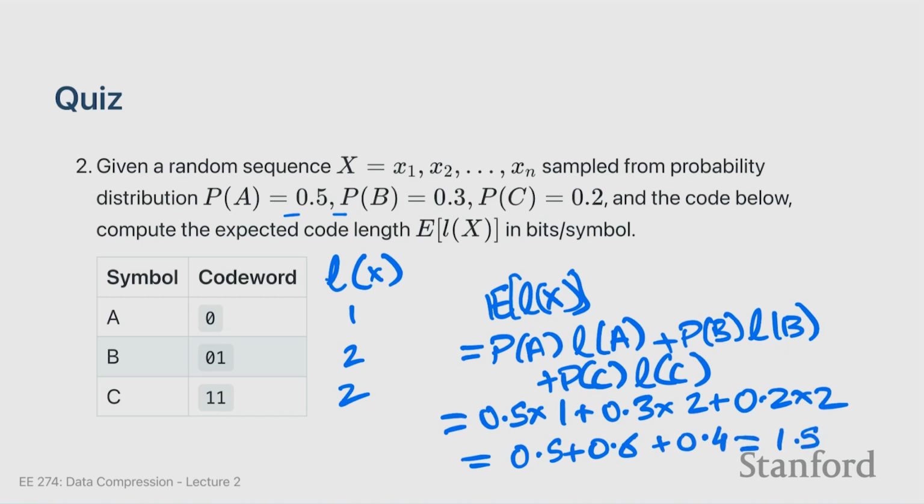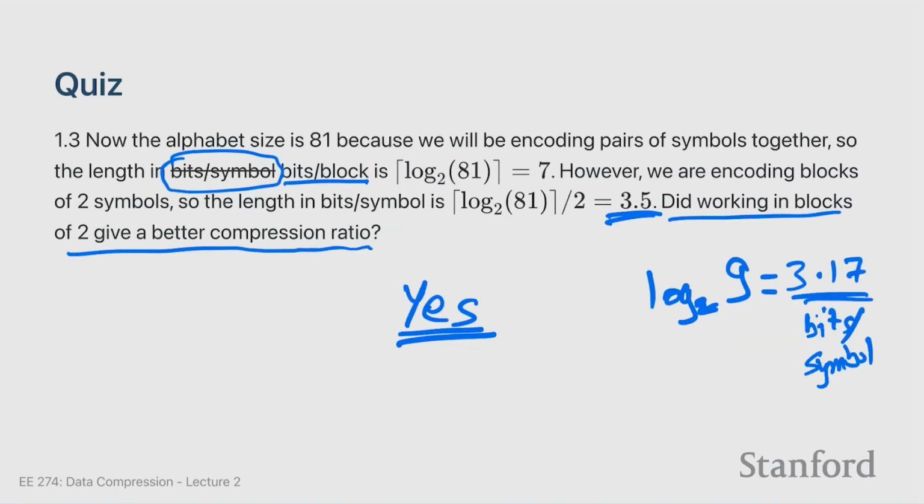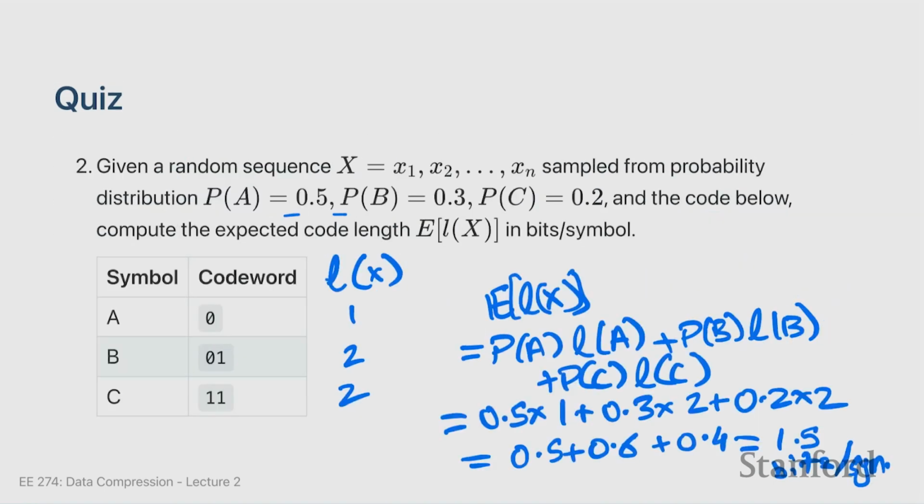Okay, 1.5, I hope I got it right. Bits per symbol. I find it useful to always write the unit, bits per symbol, because that way you don't make mistakes like the mistake that we made in the question. Okay, any questions on this? Okay, good.